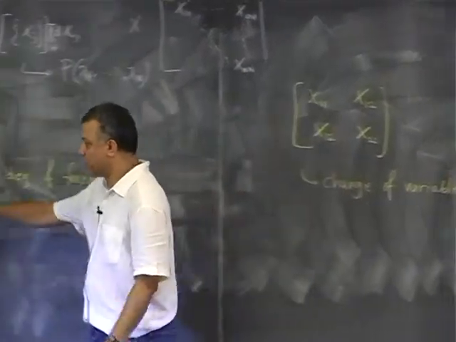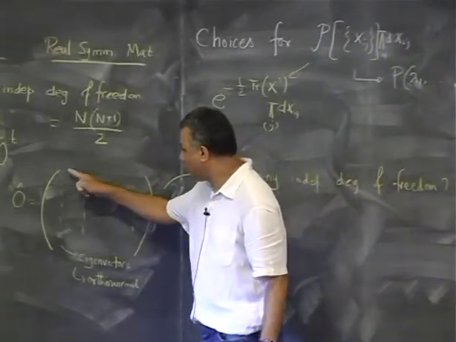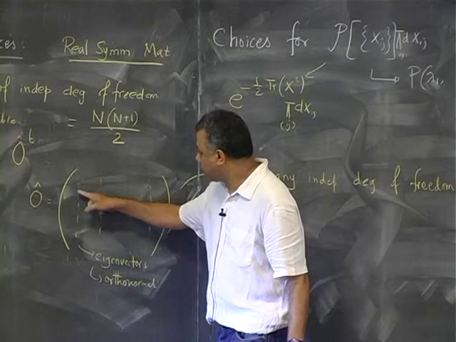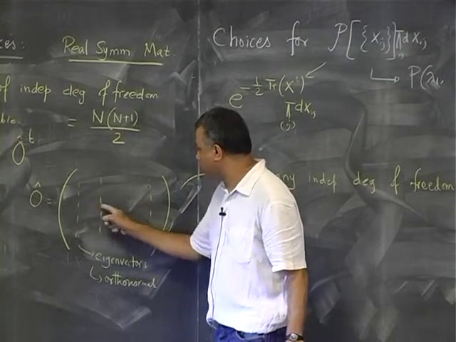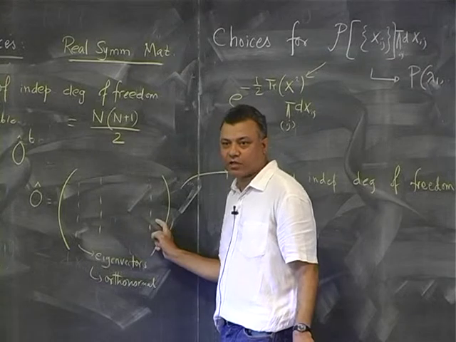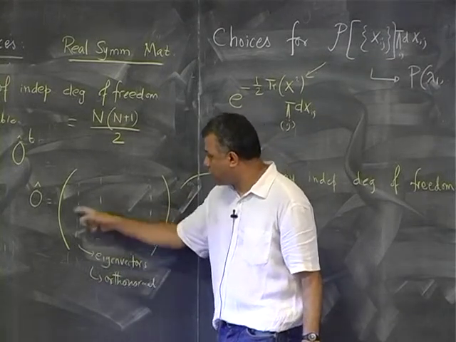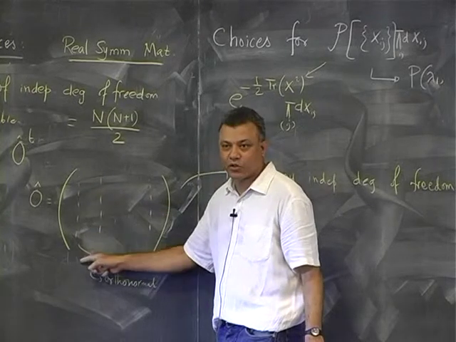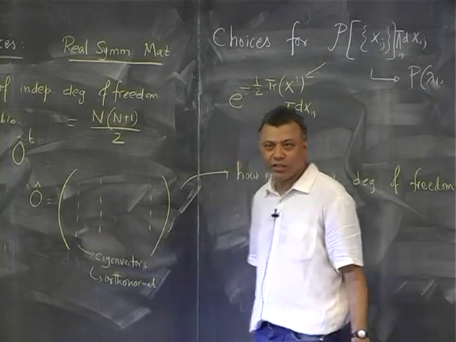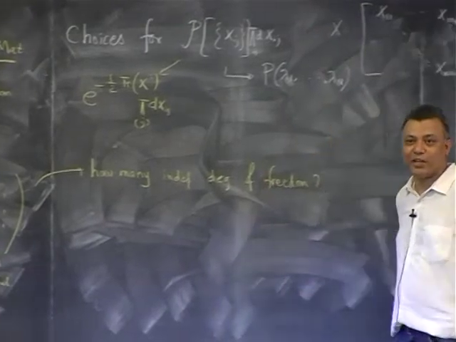So what do we know about this? We know that they are orthonormal, meaning that these columns are orthogonal to each other. Each column is perpendicular to the other, so their inner product is 0. Orthonormal also means that the sum of the squares of each element is 1. So how many independent entries, how many constraints do I have?